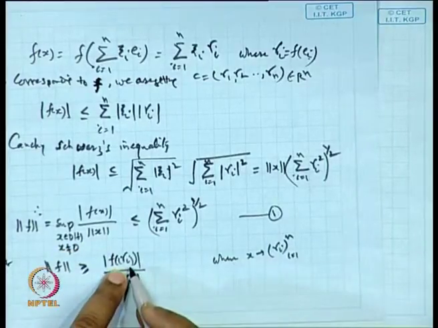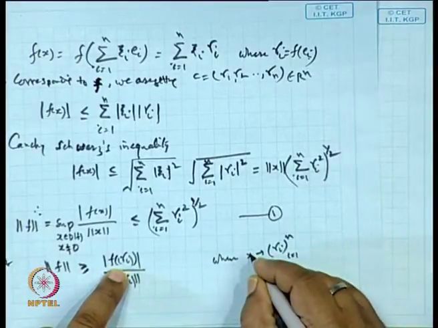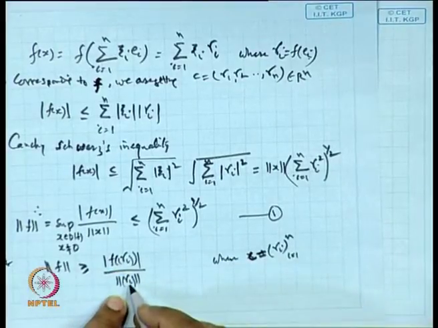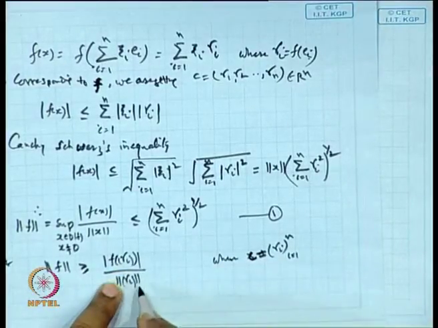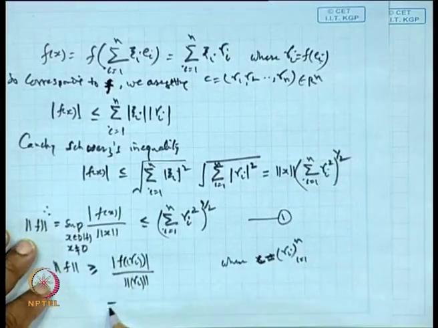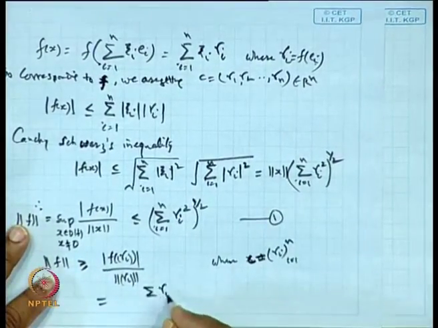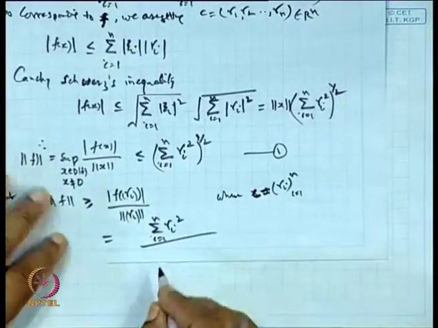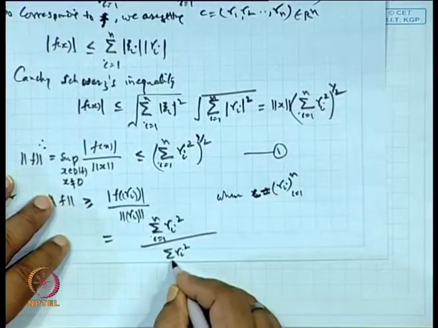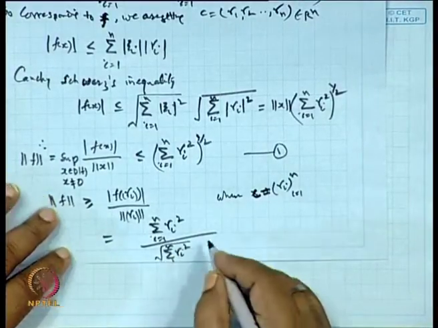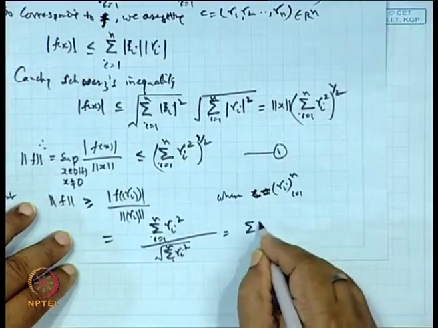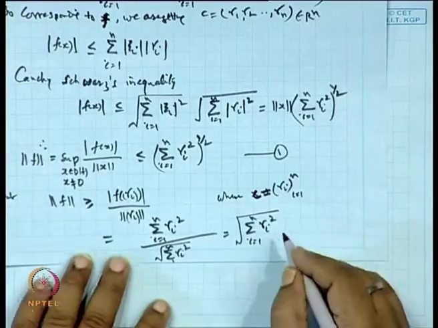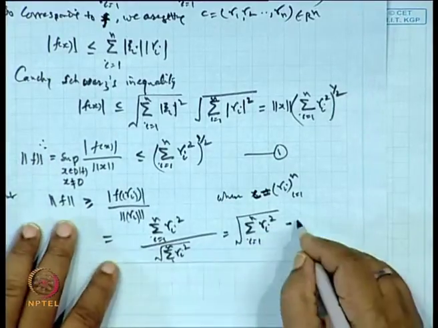Therefore, we can replace this by C. If I replace this by C, then it becomes greater than or equal to this, and by definition this is equal to the square root of sigma gamma I square, I is 1 to n. Let it be 2.